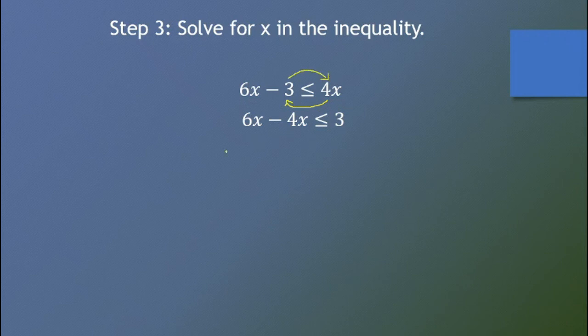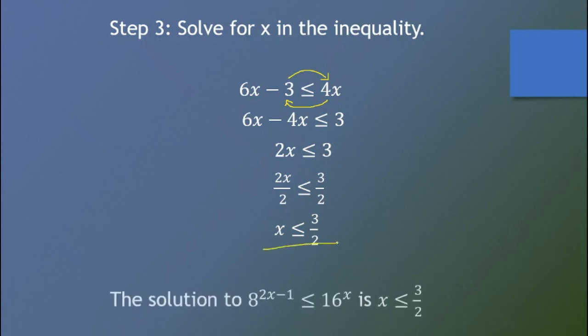Kaya tayo nagkaroon ng 6x minus 4x less than or equal 3. So, 6x minus 4x is 2x. Then, we need to divide both sides by 2 para makuha ang x. So, x is less than or equal 3 over 2. So, this is our final answer.